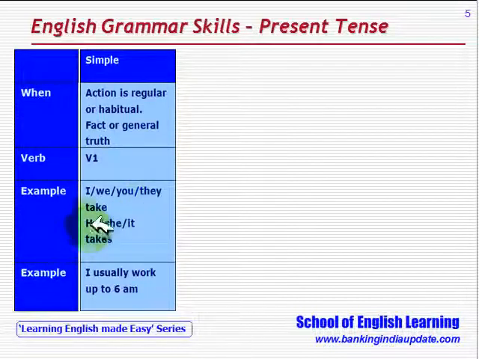Or he takes, she takes, it takes. Another example could be, I usually work up to 6 a.m. Work. So in simple present tense, the use is when action is regular or habitual, or it is a factual position or general truth. And here first form of verb is used.